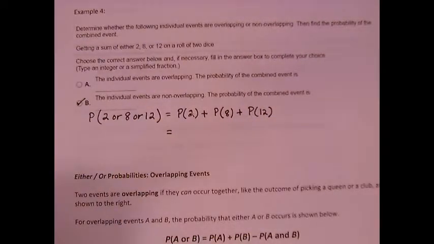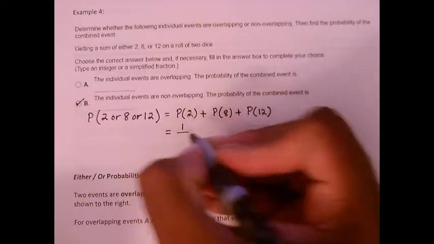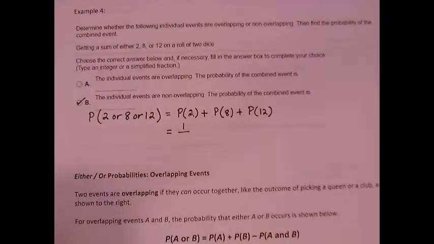Alright, now we've got to think of this. We're dealing with 2 dice. What will be the probability of getting a 2? There's only one way you can get a 2, and that's a 1 and a 1 on 2 dice. So here, that probability will be 1 out of, and if you recall on the last video that I did, where I showed you all the outcomes for 2 dice, there were 36 possible outcomes.